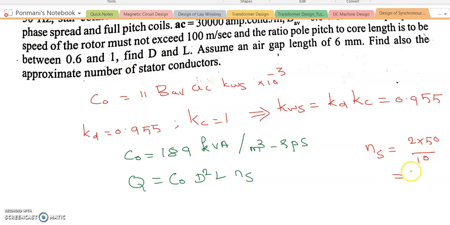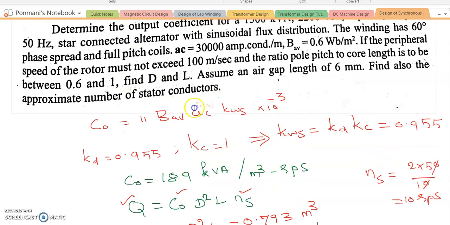So it is 10 RPS. Ns is known, C naught is known, and Q is given in the problem itself. This machine is a 1500 kVA machine, so the kVA is given directly. From this we can separate out the D square L value, which is 0.793 meter cube.